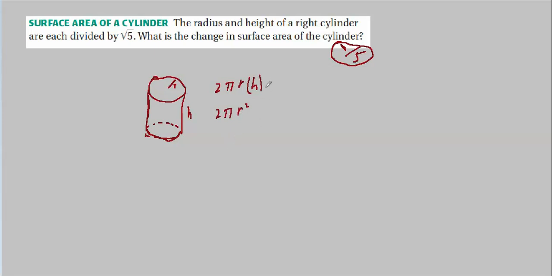Remember, the surface area is the sum of these two things, so we can pull out the 2 pi and write r over the square root of 5 times h over the square root of 5. This will be our new one. And it's going to be 2 pi times all this, plus 2 pi times r squared over the square root of 5 squared, which is 5.